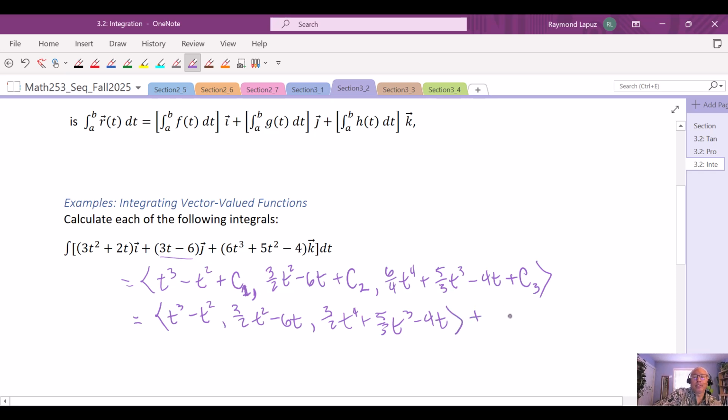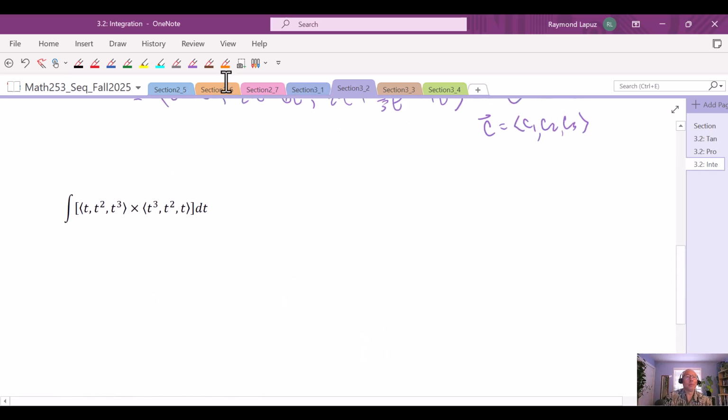And then we can imagine just adding a c, but a vector c that would have 3 components. So we can say c vector is actually going to equal c1, c2, c3. And then that can take care of all those arbitrary constants. So we can approach it any way that might be convenient. I'll mainly be doing this first way, where we add it component by component, but you can also do it the other way.